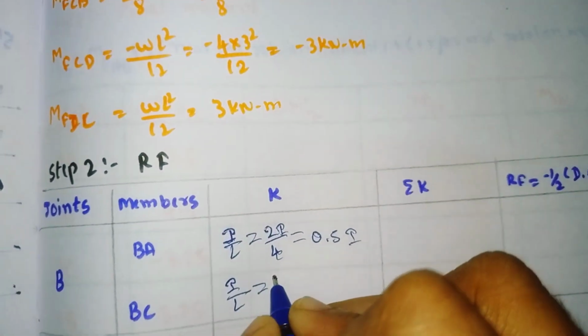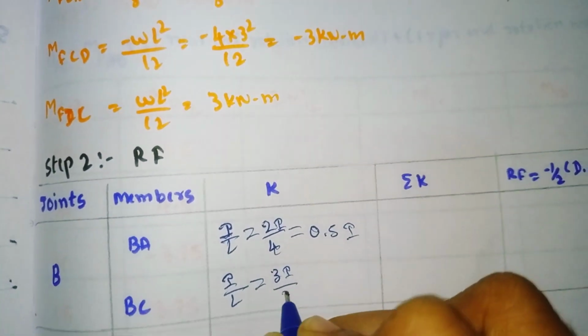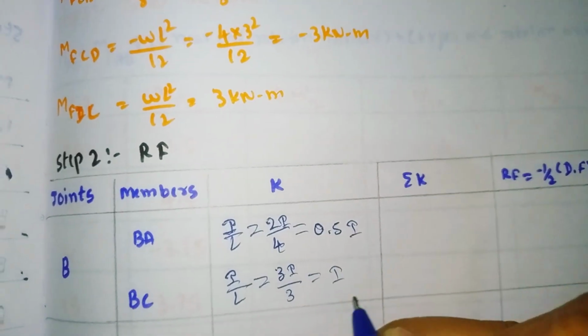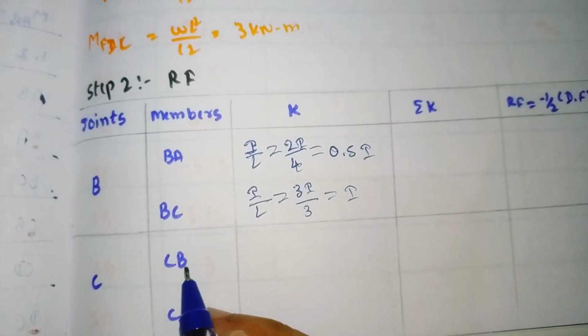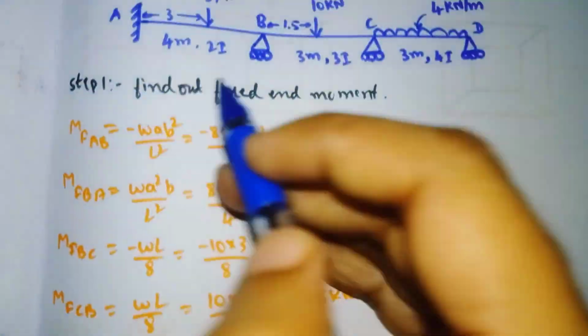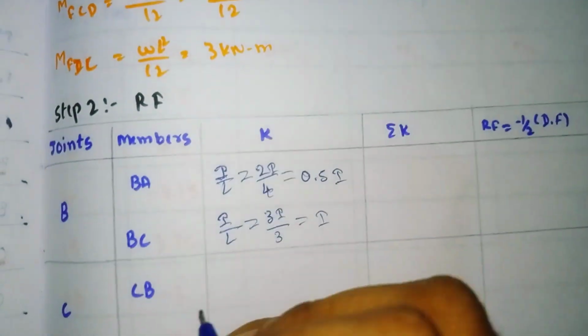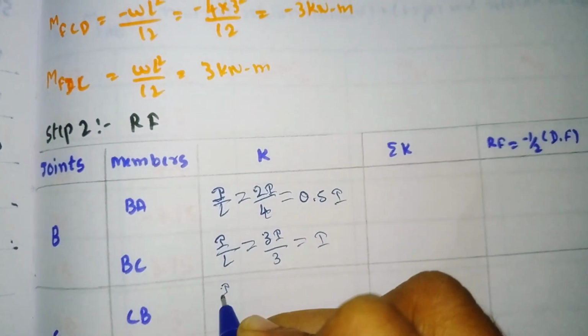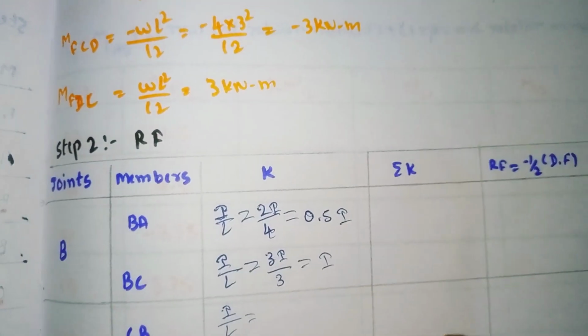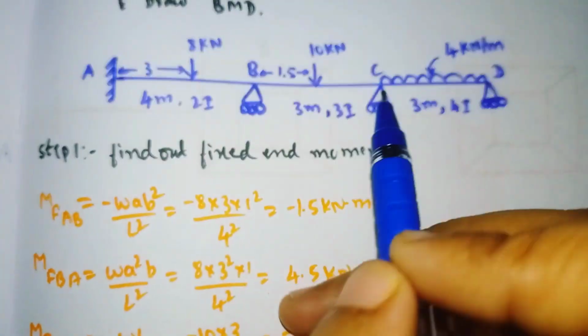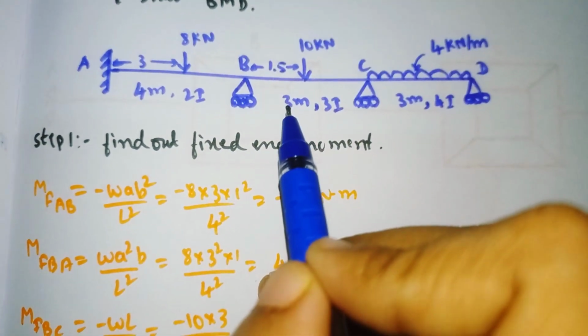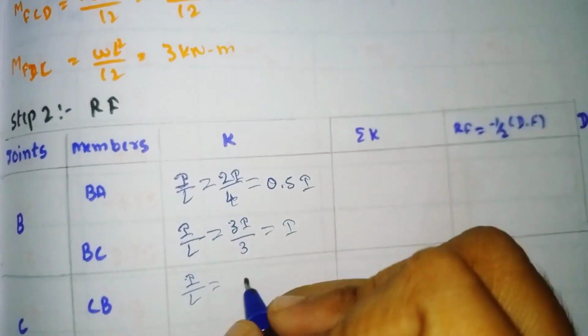So put 3I divided by 3. Simplifying it will come out as I. And for member CB, the far end is continuous, so again we use the formula I divided by L. I for span CB is 3I and length is 3 meter. So it will come out as I.